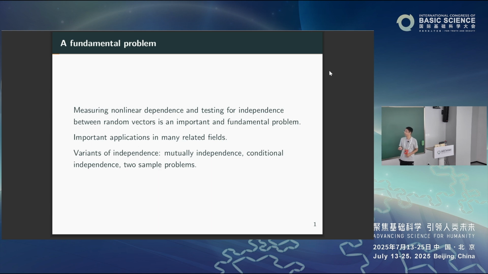It has a wide range of applications in many related fields, such as model checking, variable selection, graphical modeling and causal inference. There are also various variants of independence, such as mutual independence, conditional independence, and two-sample problems. They also have many applications in various subjects.